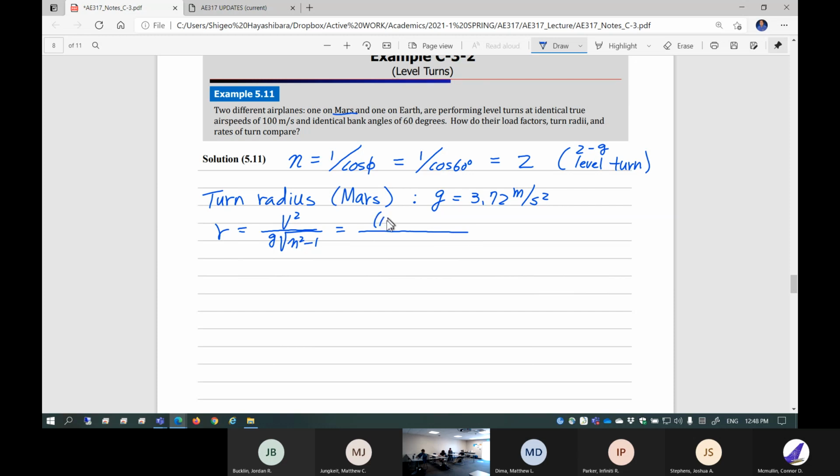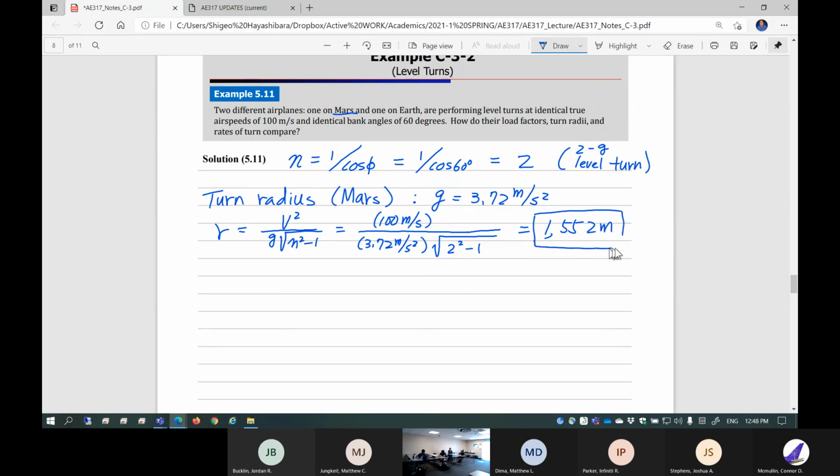So velocity is 100 meters per second, gravity is 3.72 meters per second squared, square root 2 squared minus 1. If you plug in all of those values, 1,552 meters. So this is turn radius on Mars.